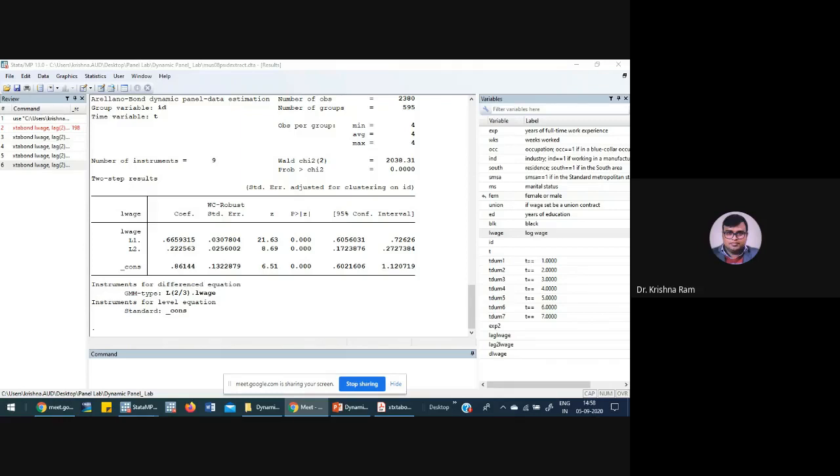In the dynamic panel case, we can see further there is one particular test which we call the Sargan test, which is just a test of whether we are using more instrument variables than required.